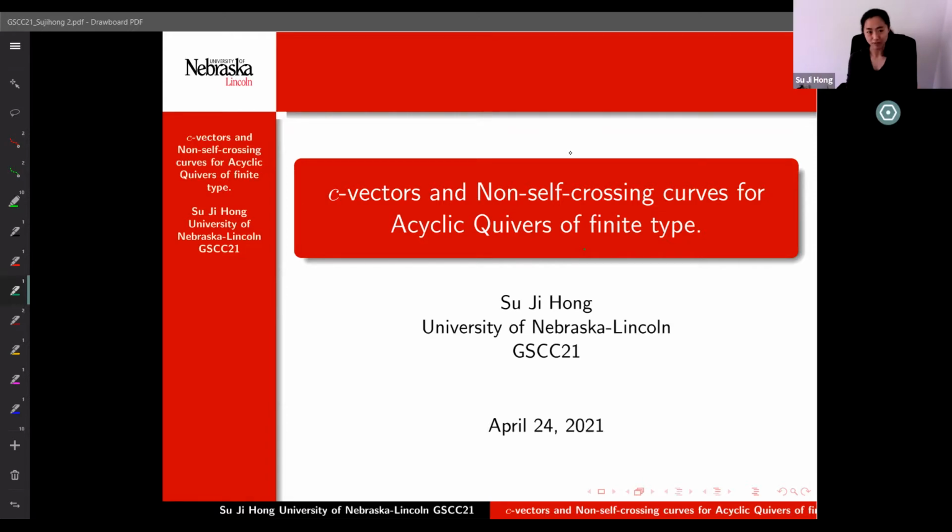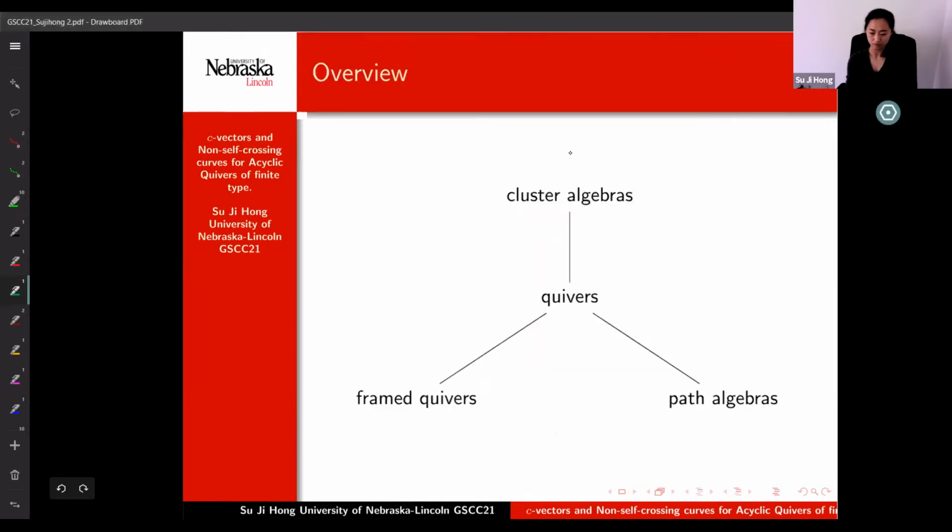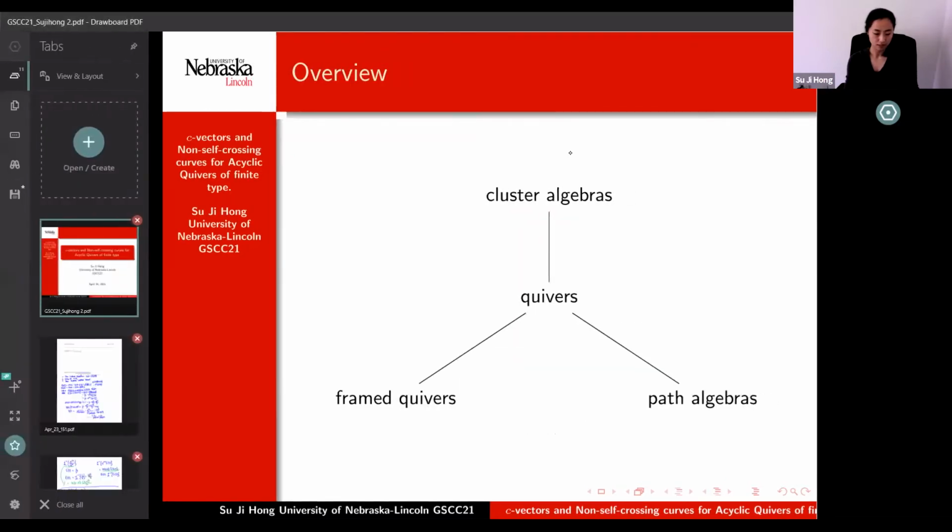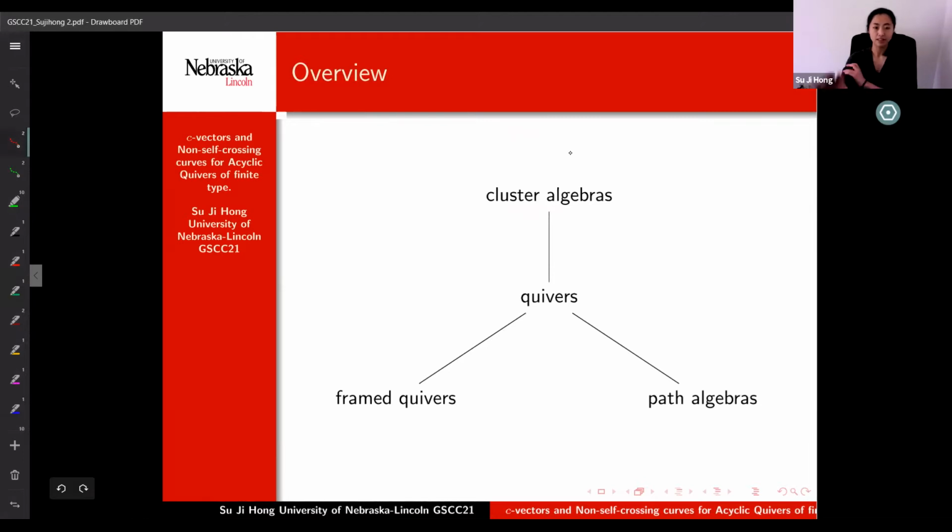So I'm going to talk about C-vectors and non-self-crossing curves. This is going to be very closely related to Kayla's talk, because I am going to talk about how quivers show up in a bunch of places.